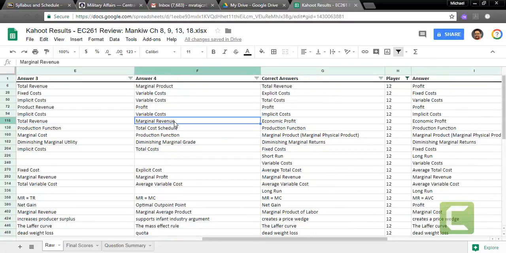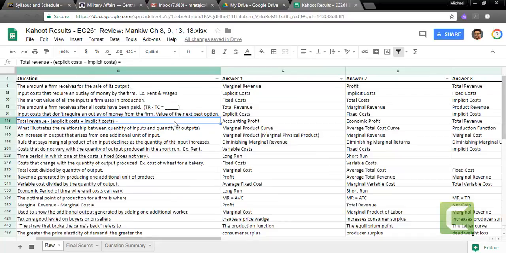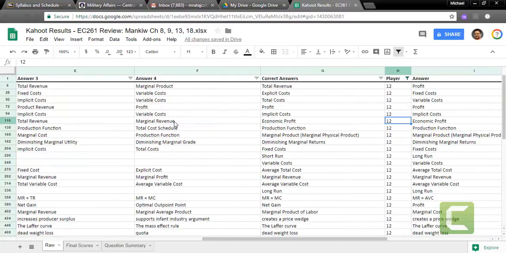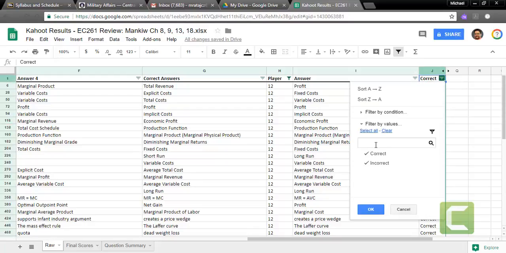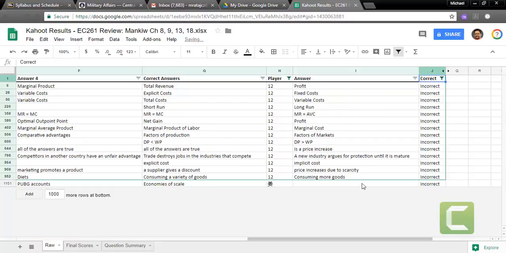So if I'm Team 12, what's really cool about this sheet is I can go here and click on correct. When there's no check mark here, it means that only the things check marked are going to be visible. So now for Team 12, these are the ones that they got wrong.